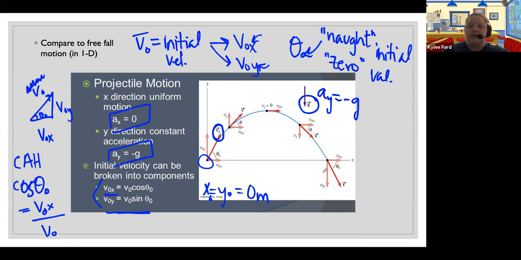Now what do you notice about, let's look at our velocity component in the y direction. What do you notice as I move from this point to this next point? I'll give you a second to think about it. What do you notice about my velocity?